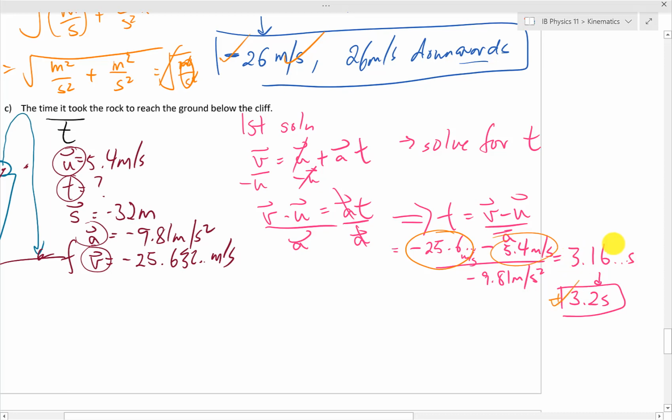So that's one solution, and this assumes that you know the final velocity, which means that if I had not asked this previous question, you may not have that number to work with. So if you didn't have question B to set you up, you had to do question B yourself, if I just asked this question to you straight up.